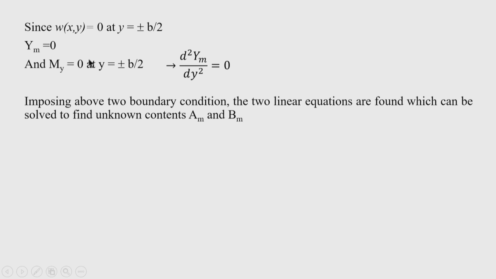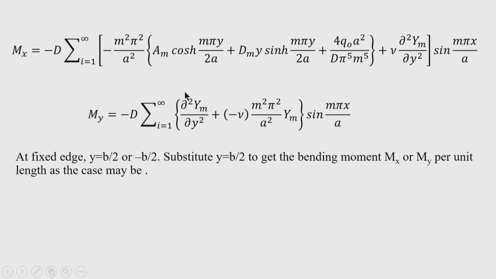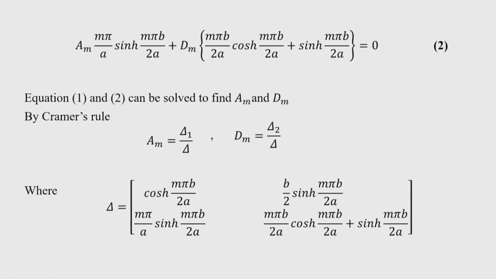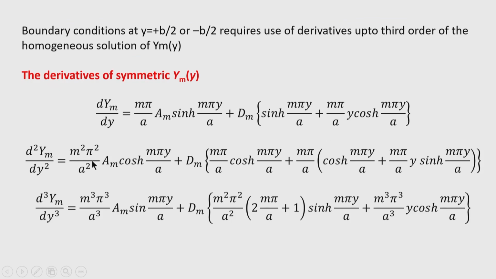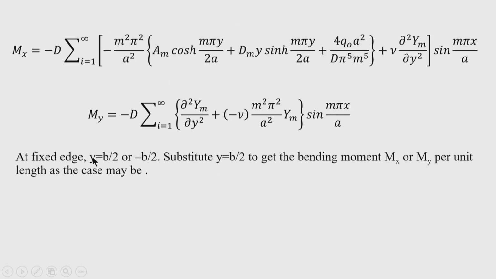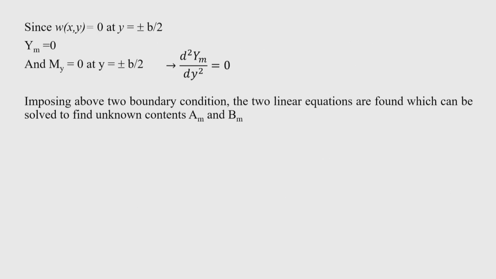So, two conditions have to be imposed, one is your deflection condition and another is curvature condition in this problem, and since we have derived the second derivative of the function already on a few occasions, those results can be applied here to impose the boundary conditions on the other two edges which are simply supported for this problem, and you will be able to find the constants A_m and D_m, and then all other quantities, that is bending moment, shear force, can be evaluated.